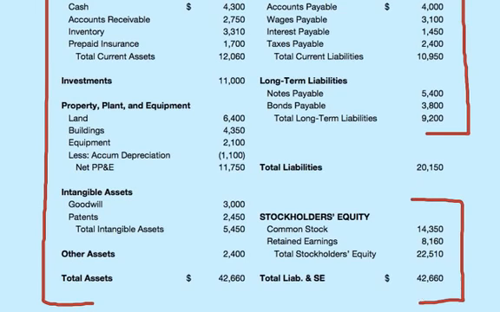Those are the three main parts of any balance sheet, and the accounting equation is assets equals liabilities plus owner's equity, or stockholders' equity. So the balance sheet is always divided right in half: on the left side you'll have the assets, and on the right side you'll have both the liabilities and the stockholders' equity.